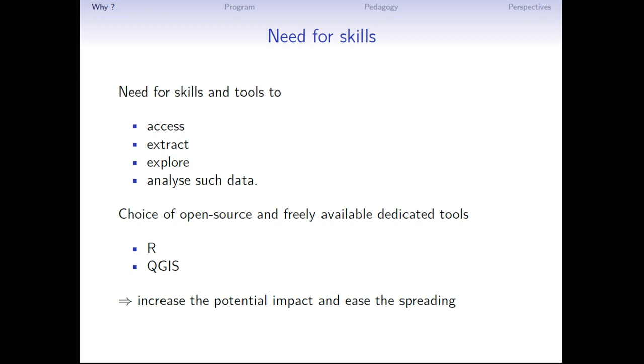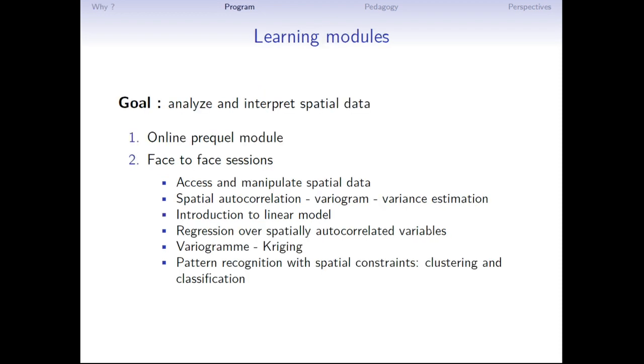But those non-specialists need skills and tools to use those data efficiently. So we chose to build these learning modules to provide those skills, especially with free tools, so that they can bring those skills back to their organization.